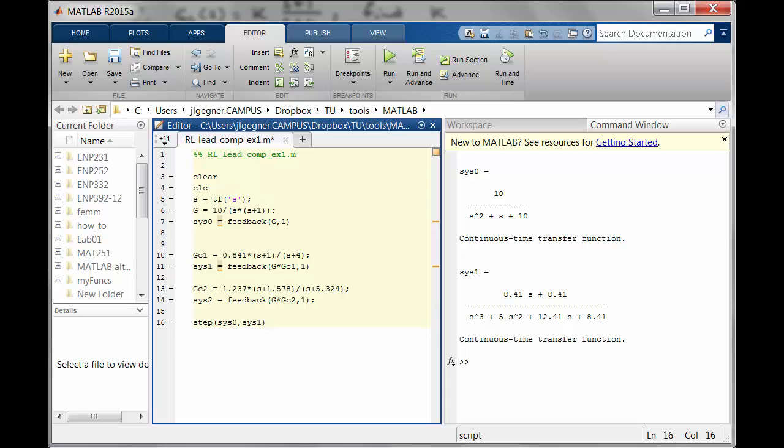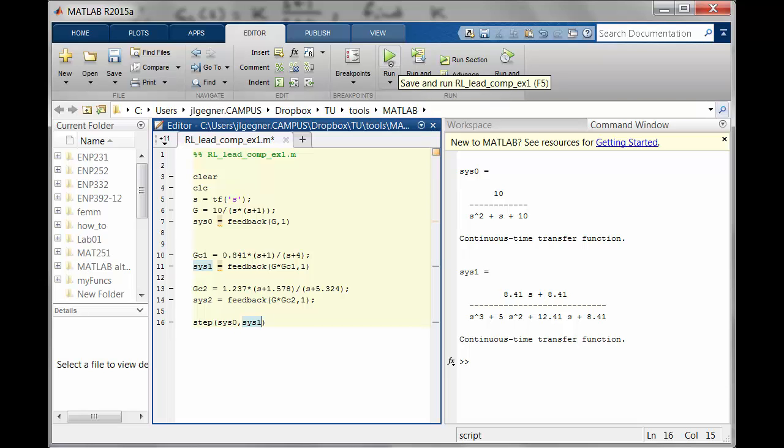I should have called it GP there. System 1 is where I've added in the lead compensator, 0.841 times s plus 1 over s plus 4, and I use the feedback function to build a closed loop transfer function using the forward gain and the feedback gain, which is 1. It's unity gain feedback. I have a second system here also that we'll leave out and maybe talk about afterwards.